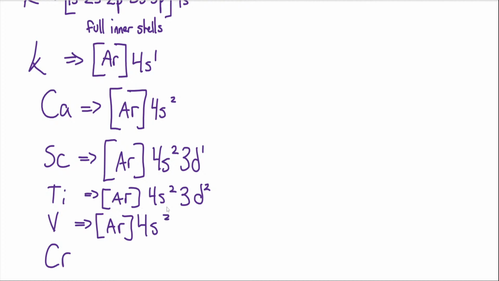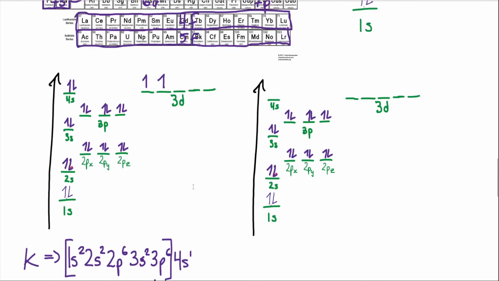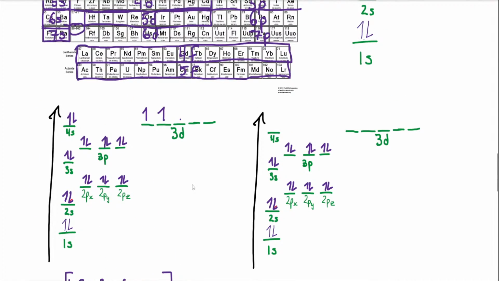Okay, so now this is where we have to talk, because why did you fill the 4s in the first place? You could fill it with the electrons, and that got you some extra stability from being half filled or filled, right?